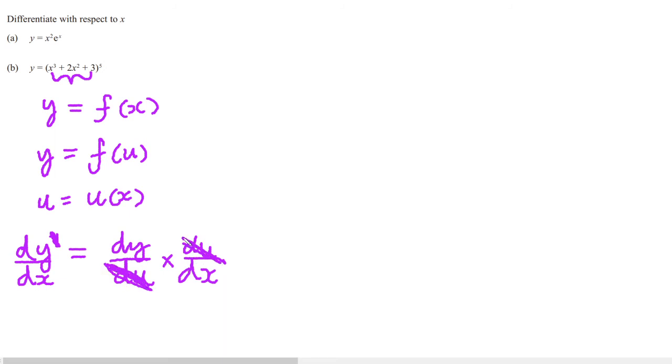So when this represents differentiating y with respect to u, and this is differentiating u with respect to x, these du's cancel out, and allow us to use the chain rule for this kind of thing.